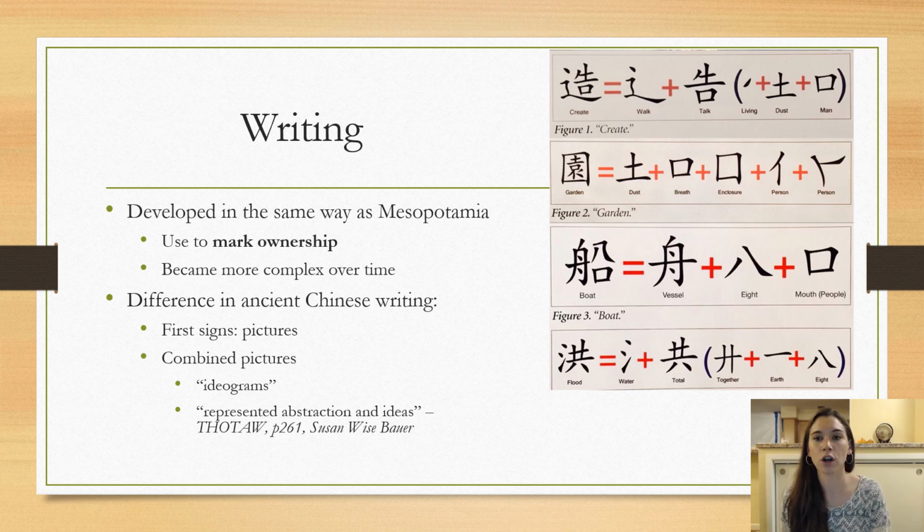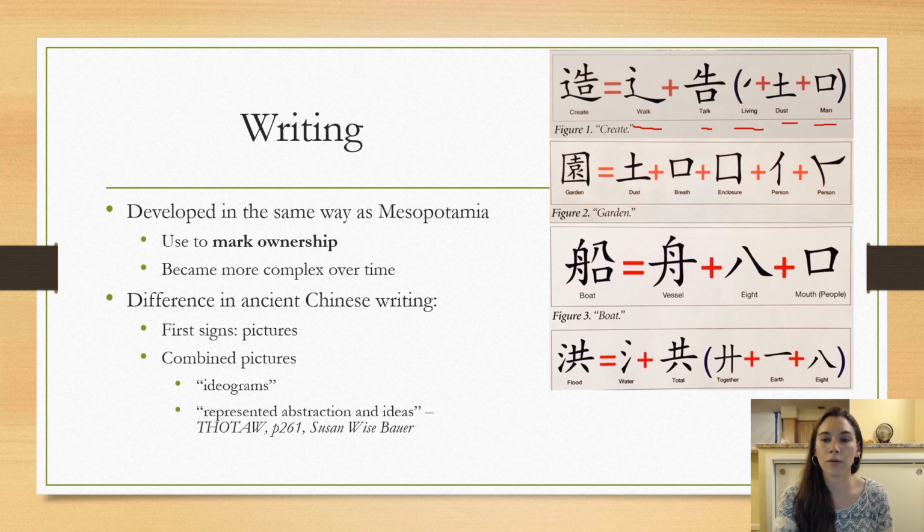So I have this little chart for you. You may have seen this before, where people show you how these Chinese characters tell about the biblical account of creation and the flood. If you can see right here, this first one, you have walk, talk, living, dust, and man.